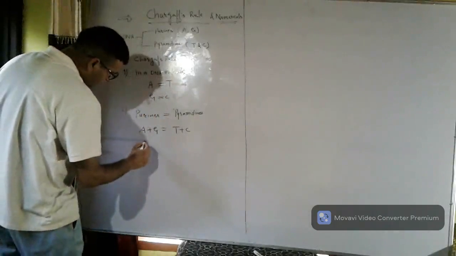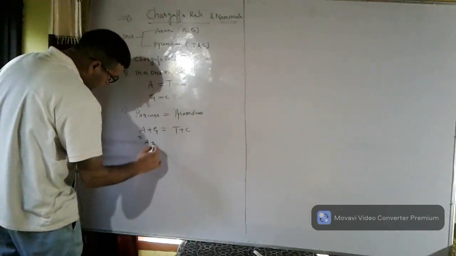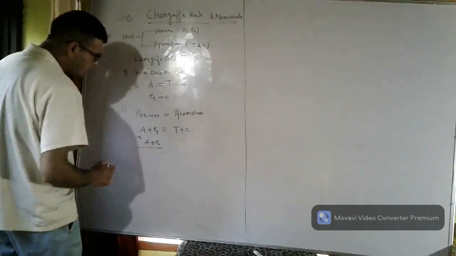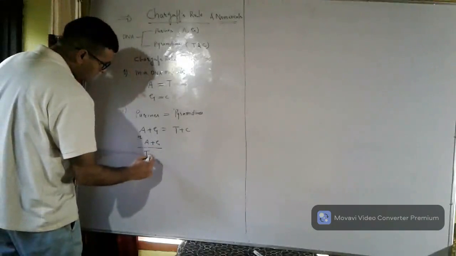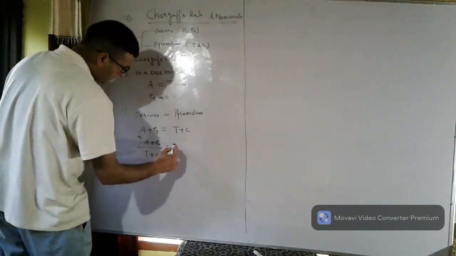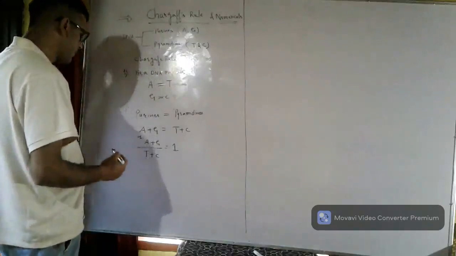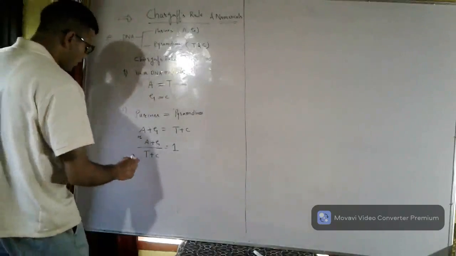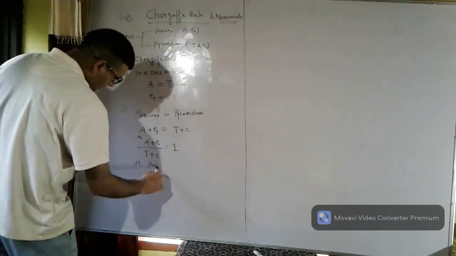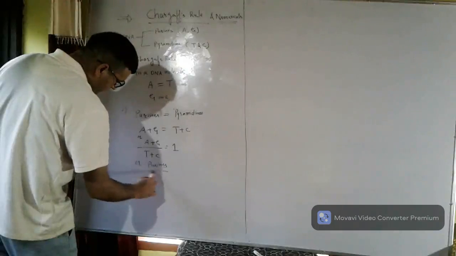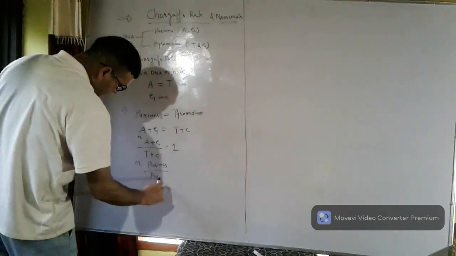Or we can write it as the base ratio of adenine plus guanine to thymine plus cytosine is equal to 1. Or purines by pyrimidines is equal to 1.